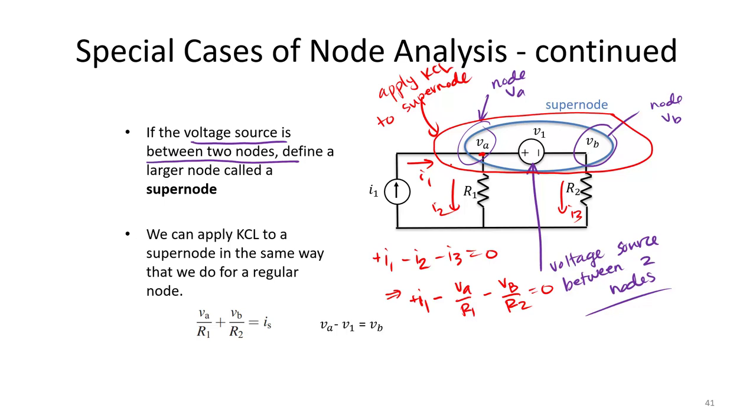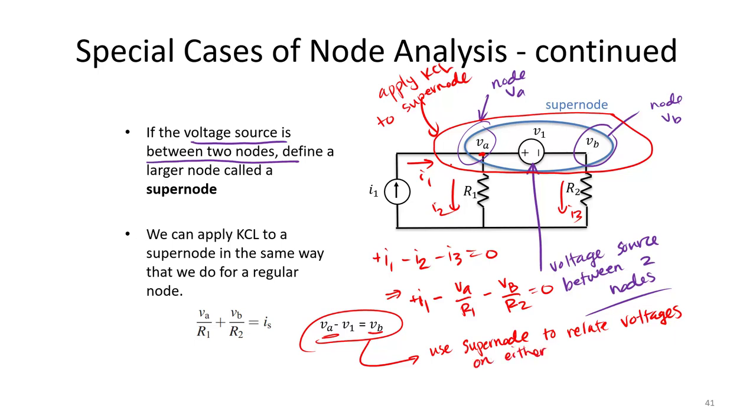But notice that for the supernode, we also get an extra equation. We can also determine the relationship between the outer voltages. So we can use the supernode to relate the voltages on either side. So if you see a supernode, you should be happy because you get this free information.